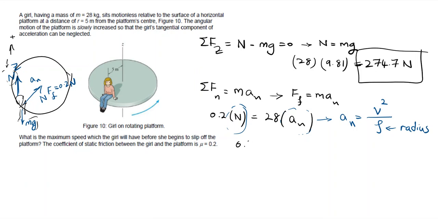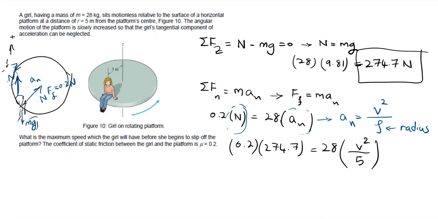So we have 0.2 times N, which we got here, times 274.7, equal to 28 times v squared over rho. The radius rho was 5.